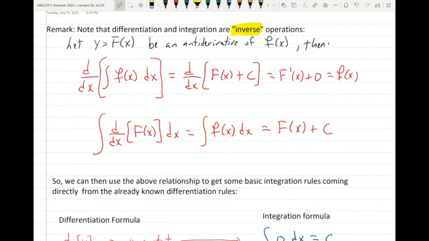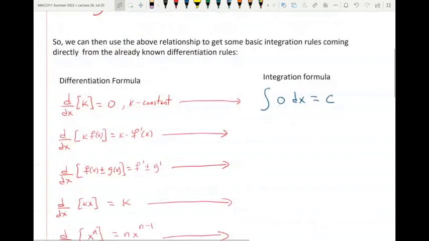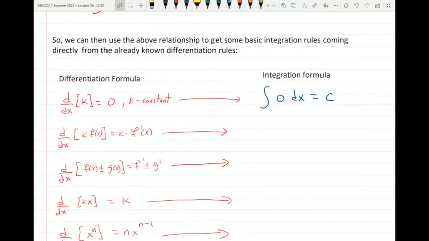So to verify this formula, just take the derivative of your result and make sure that you get the original one. Is it true that the derivative of c is 0? Yes, it is. So there's no discussion. This is what we're going to do to be able to justify all the formulas.